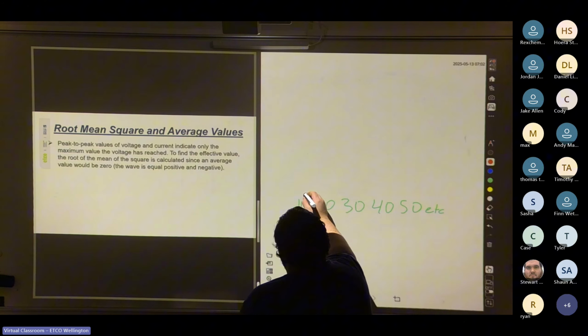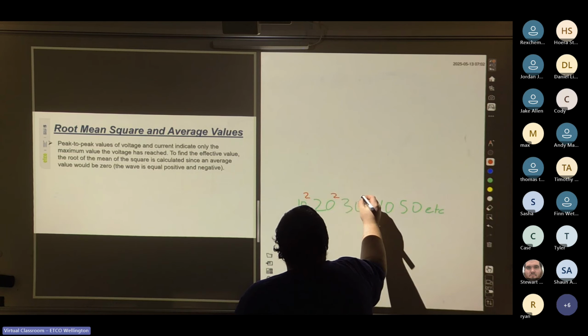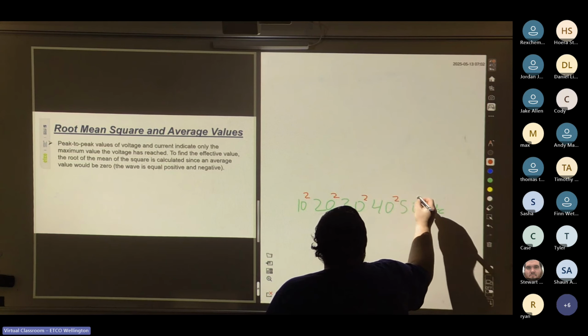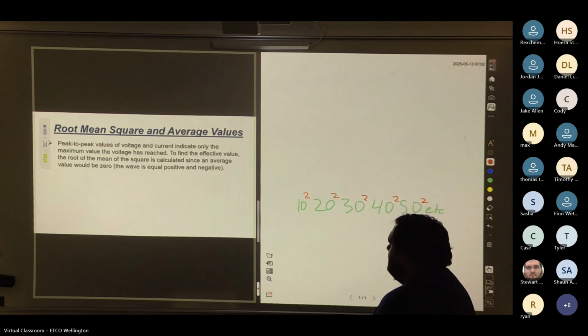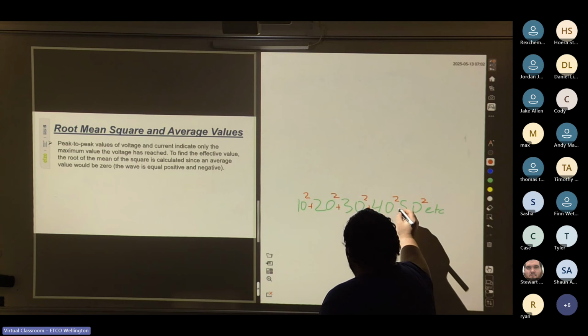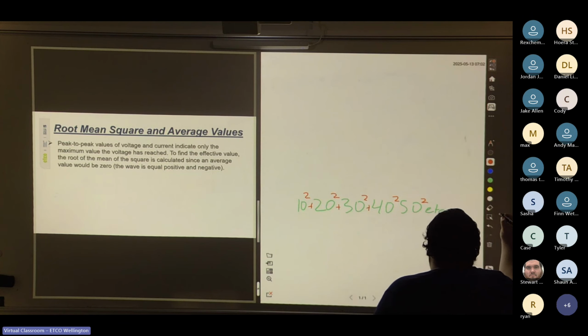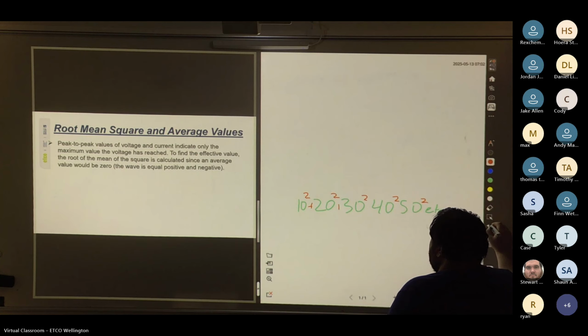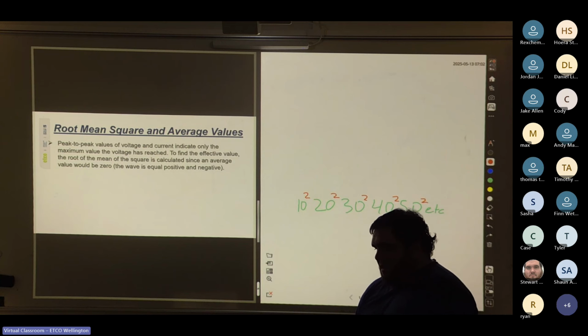So what we first did was we took all of these values and squared them. Oh, sorry, no, we didn't add them together. So once the values were squared, we took the mean.